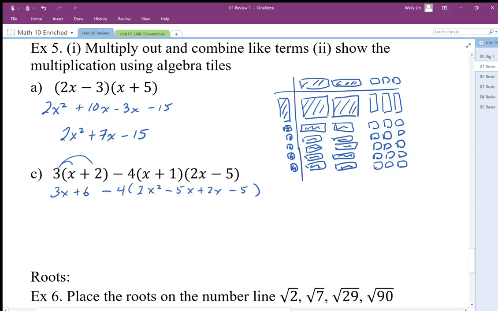I'm going to combine my like terms, and then before I distribute that negative 4, I have to be careful, that negative in front affects our distribution. So we get 2x squared minus 3x minus 5, and then we're going to just multiply this out.